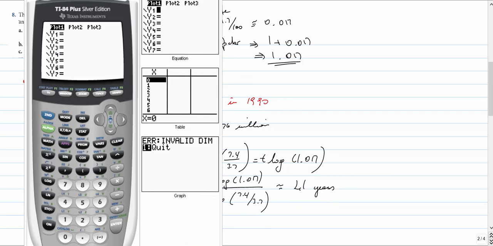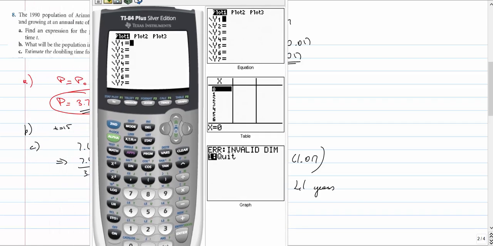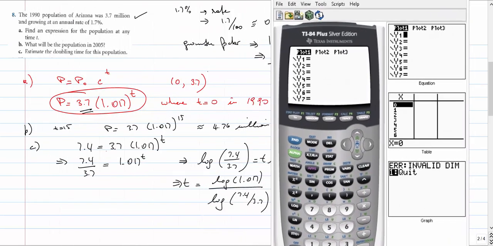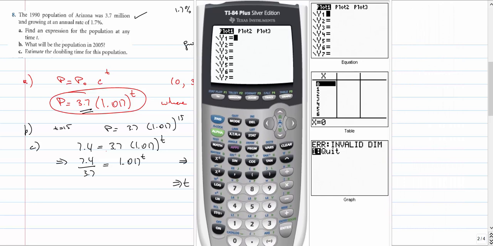Now let's do that with the exponential formula on the graphing calculator. First equation is 3.7 times 1.017 to the power x. My second equation is 7.4.